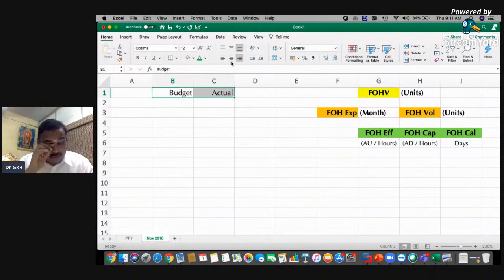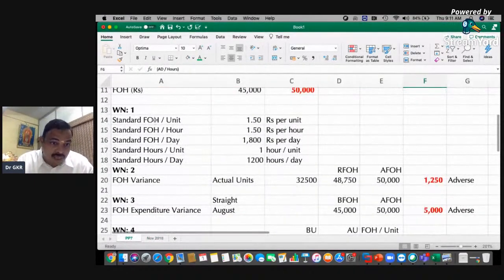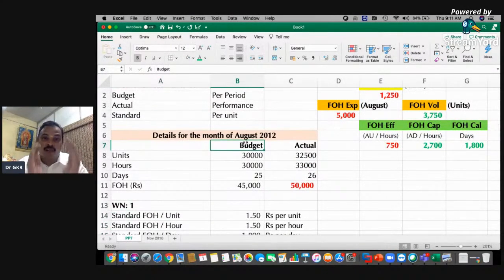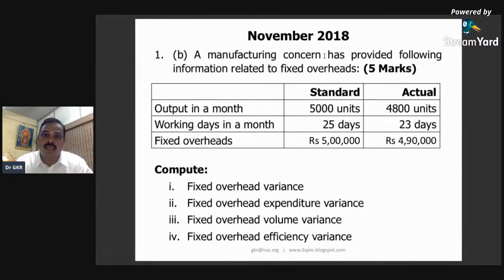But with respect to material cost, labor cost, and variable overhead, you can call this standard, because per unit you can always call it standard. That is why there is a difference between budget and standard. These are all standards. This is budget. Why budget? For a period. Manufacturing concern has the following info related to fixed overheads: output in a month, working days in a month, fixed overhead in a month.